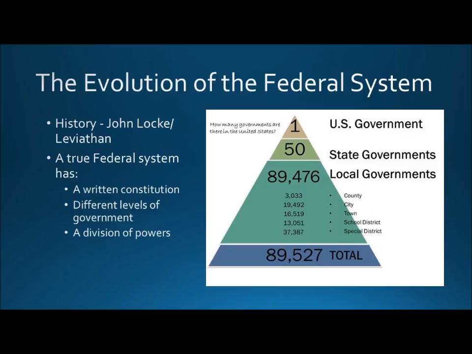The third element of a federal system is that it has a constitutional distribution of powers that cannot be changed unilaterally by any level of government or by the ordinary process of legislation.